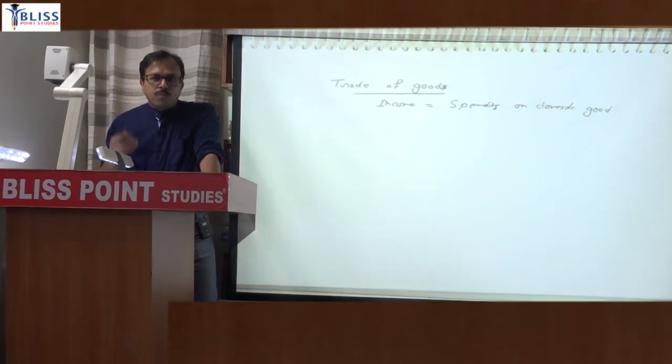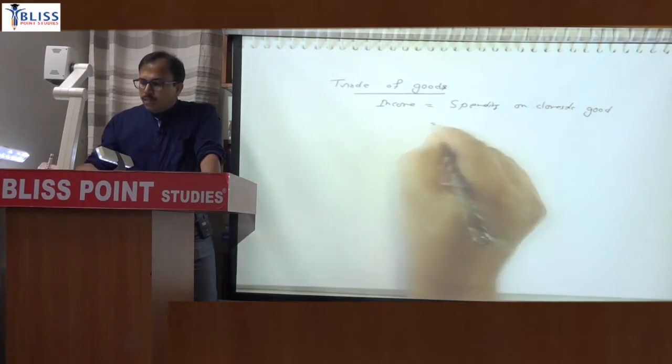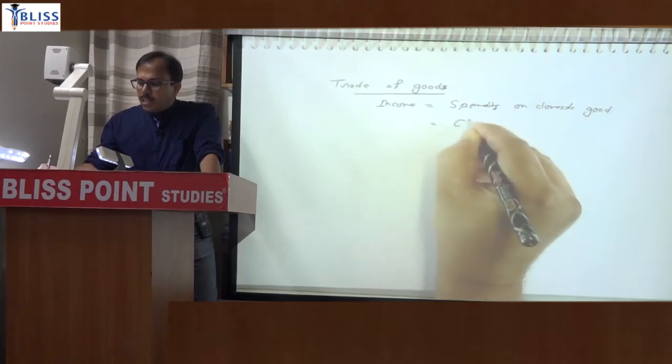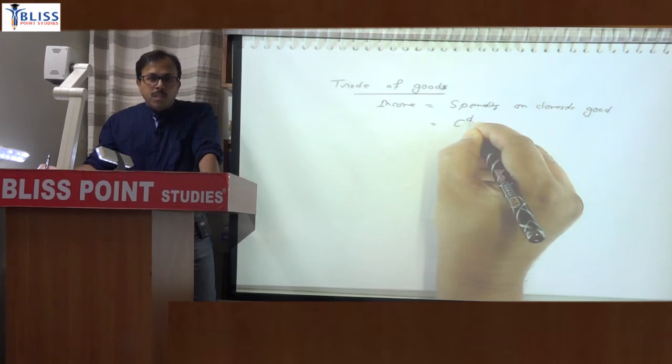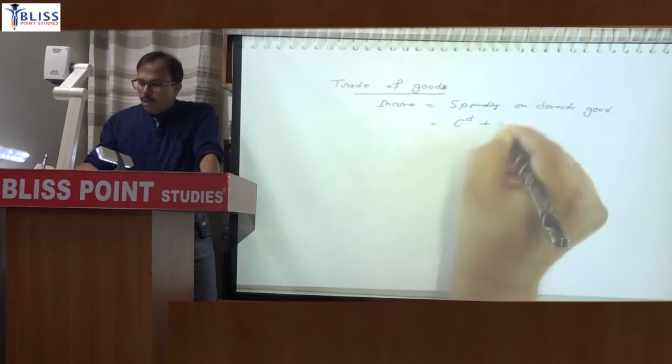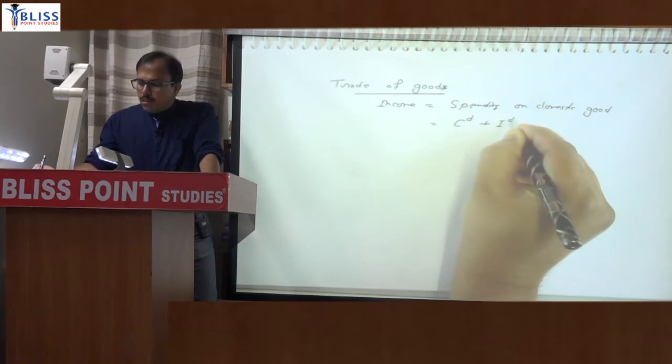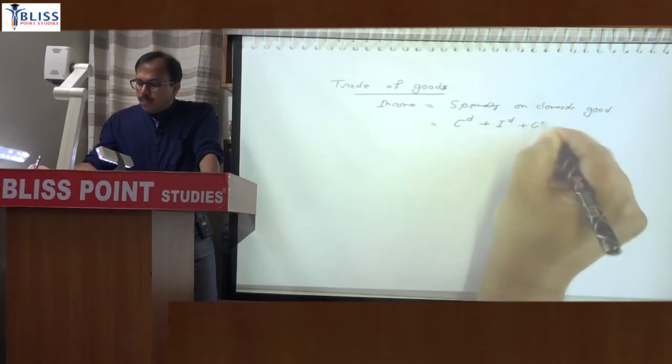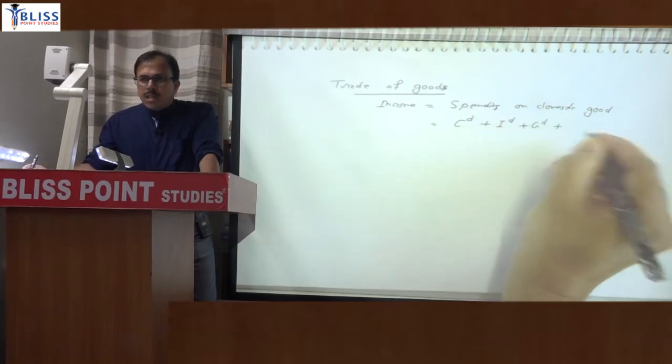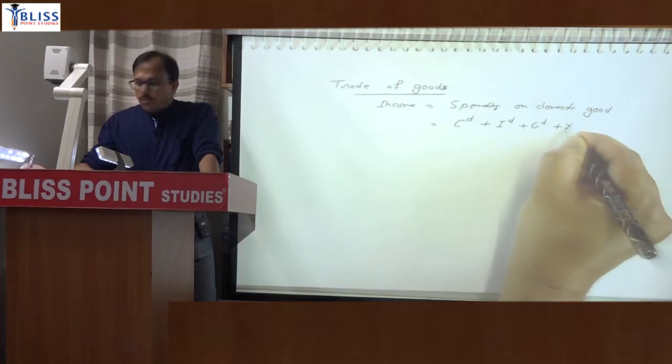Household, firm, government, foreigners. But household may be spending on domestic good, may be buying foreign goods also, because economy is open. So when we write it here, it is consumption spending by household, that is domestic consumption spending by household, investment, government spending, and foreigners are buying our good, which means export.